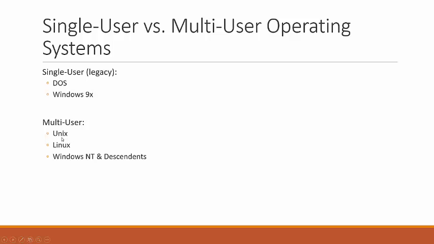Its name, Unix, is actually a play on words, making fun of the fact that it's not a single-user operating system, it's a multi-user operating system. Being part of the Unix family, Linux is also multi-user by many of the same mechanisms. And on the Windows side, as we'll recall, Windows NT, going all the way back to Windows NT 3.51, and all the later versions since then are indeed multi-user OSs, including the desktops in front of you right now.